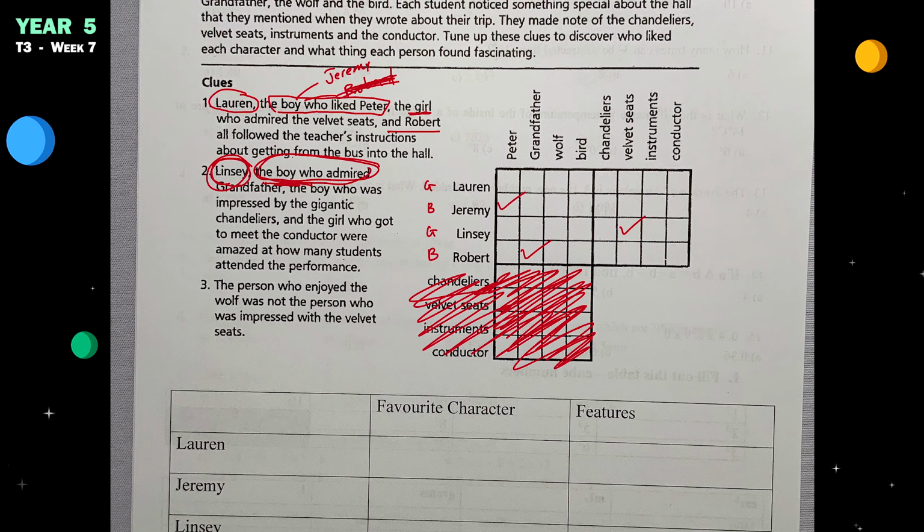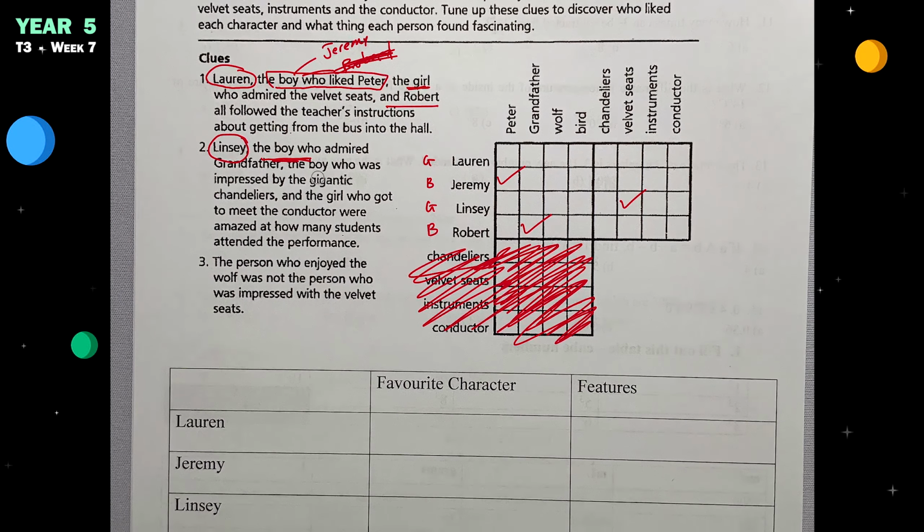And then it says the boy who was impressed by a gigantic chandelier. So that means the other boy, which is Jeremy, because this boy we know is Robert. Then the third person, which is a boy, is impressed.